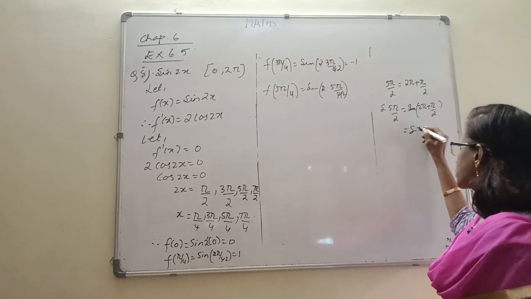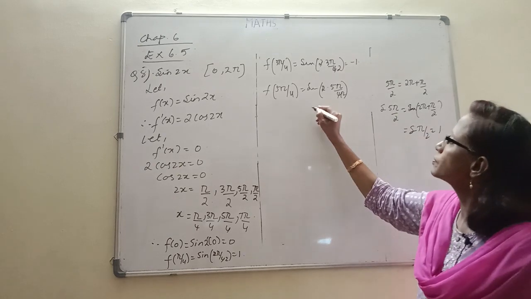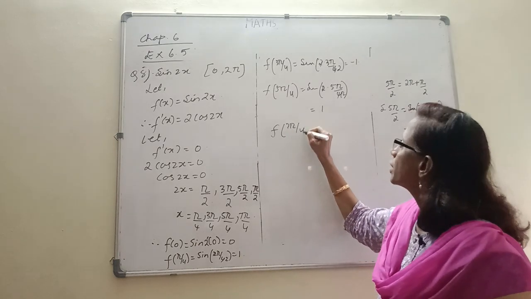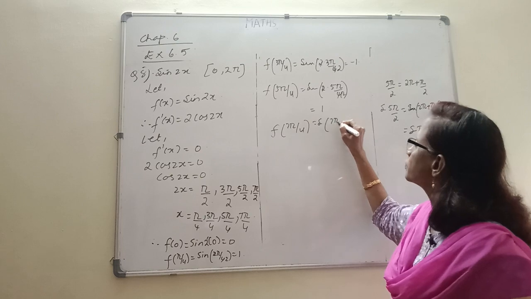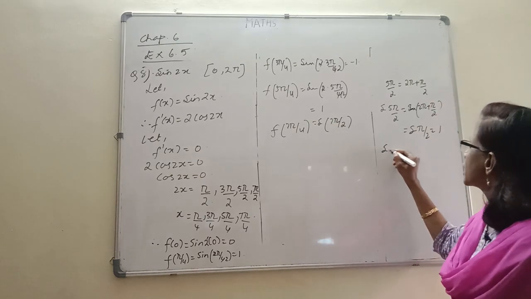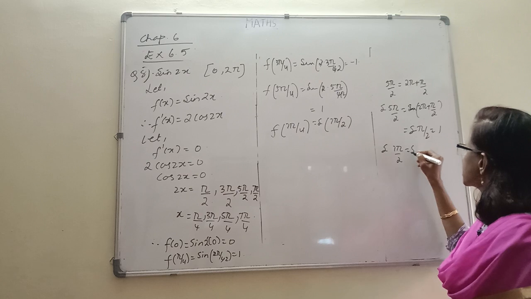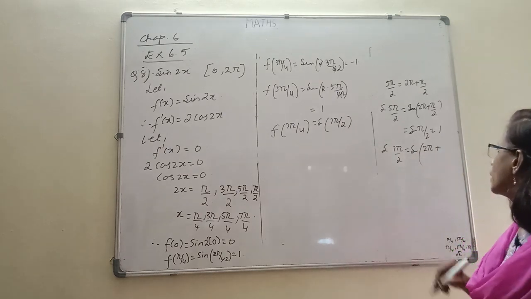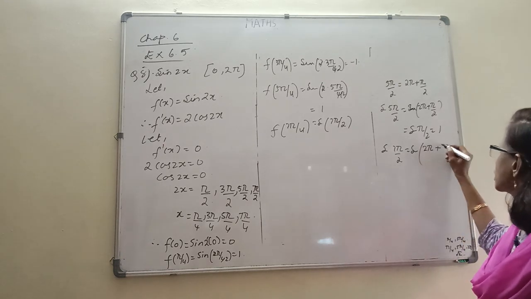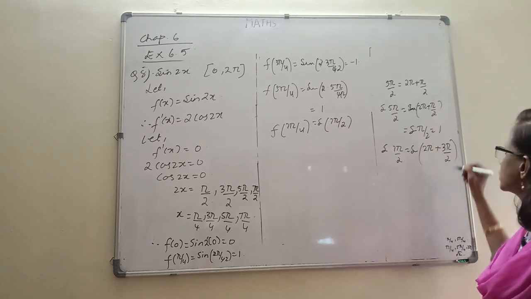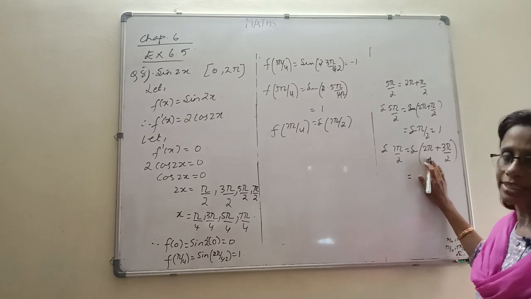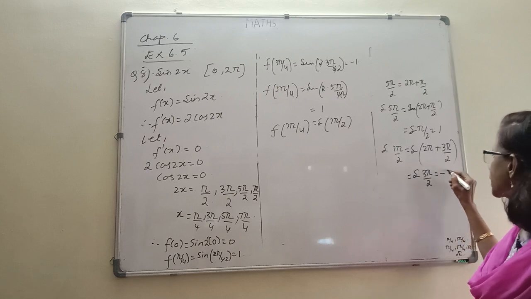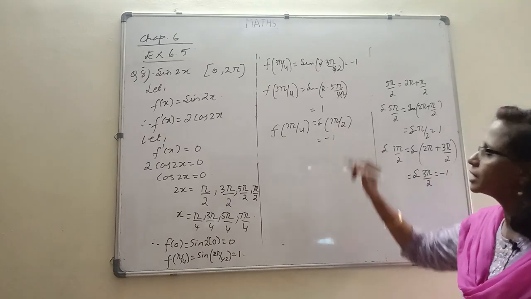So it's sine pi over 2, which is 1. Next value is 7 pi over 4. That means sine 7 pi over 2, which is sine of 2 pi plus 3 pi over 2. Again 2 pi plus anything is the same as the angle itself, so it comes to sine 3 pi over 2, which is negative 1.